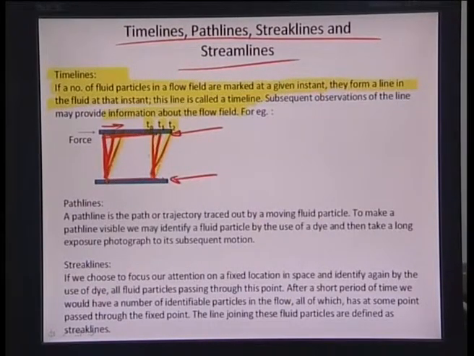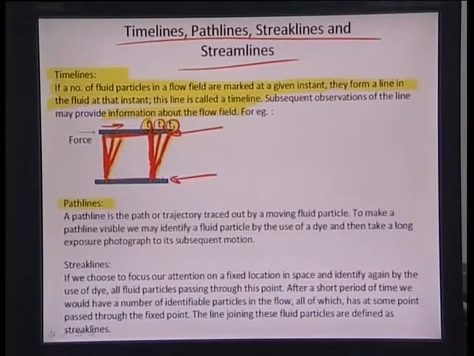As you see here, from time T0 to T1 to T2, you have all these different lines which are getting formulated. This was at time T0. All the particles which were here at this particular edge of the fluid were defined by this timeline at T0. When it moves to T1, the timeline also changes to T1 and T2. So, the flow field here would be defined by tracing these timelines. That is what timeline means.